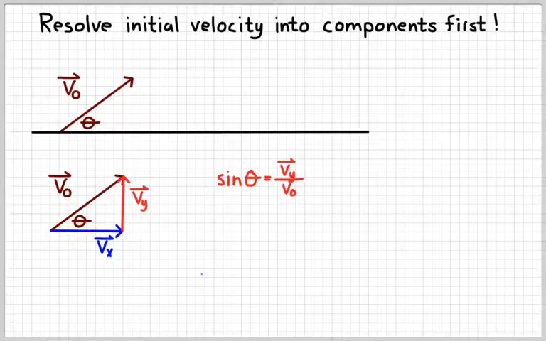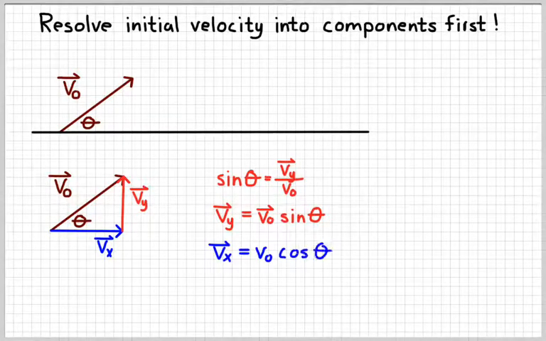So for example, use the sine to find Vy. So Vy would look something like that. And then you would do something similar with the cosine, since the adjacent side is Vx, to find your horizontal component. So that's always going to be our first move in analyzing a projectile launched at an angle.